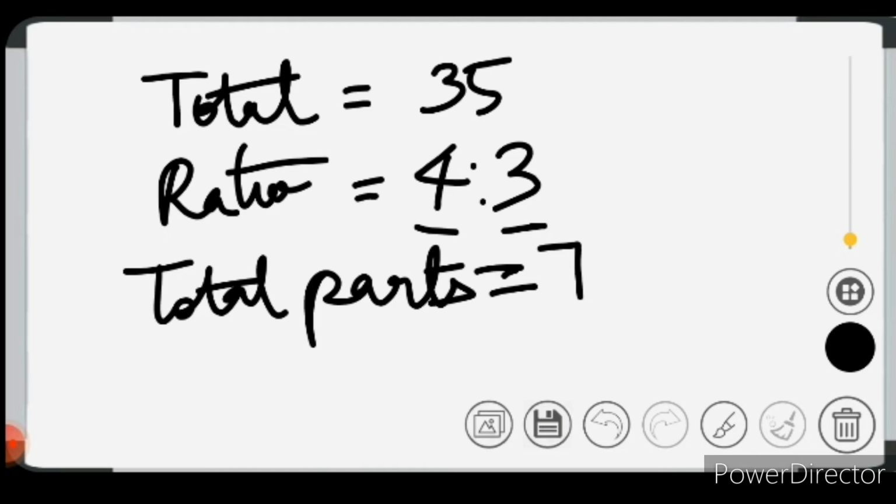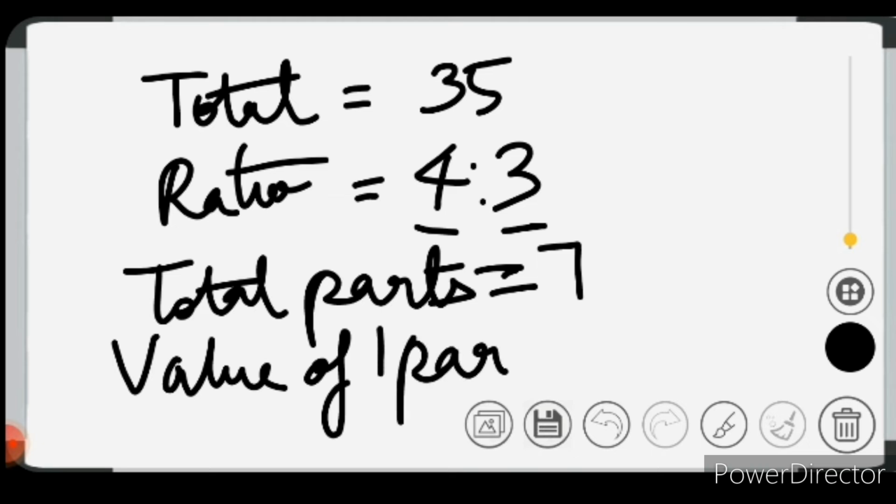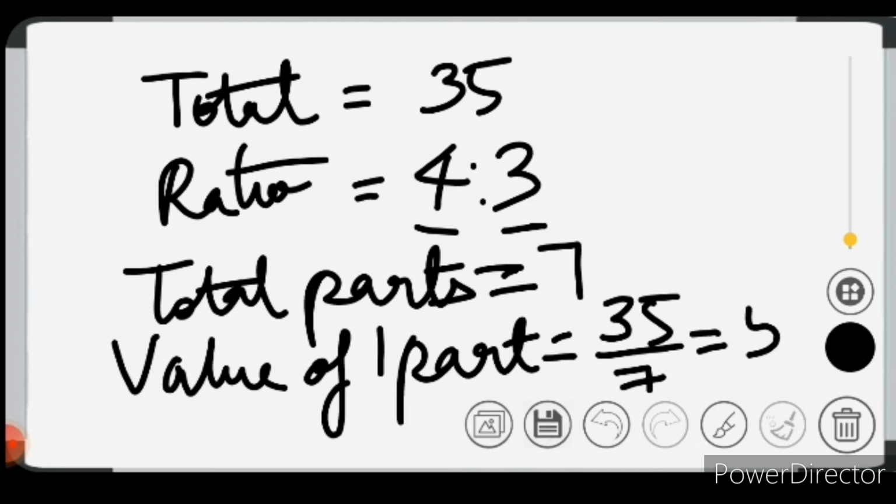Okay. Now we'll see about the value of one part. How will we do it? The total number of students is 35 and total parts is 7. So I am going to divide it. 35 divided by 7, the answer is 5. So the value of one part is 5, students.